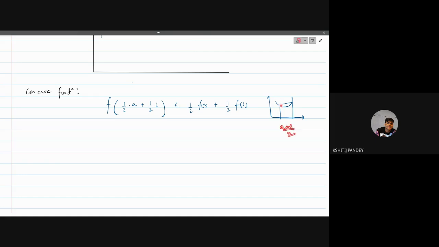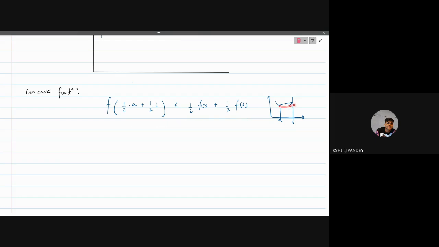This holds for all the points between a and b. This is a, this is b. So if we move in this interval, this also holds.